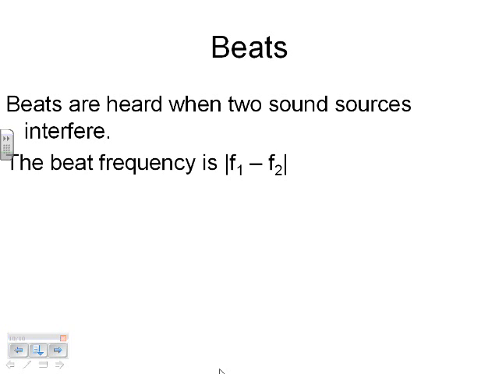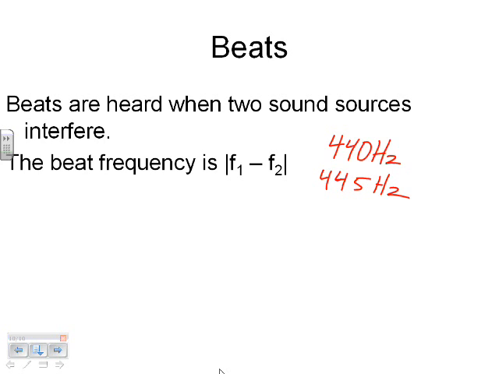So, for example, if we have a tuning fork at 440 hertz and another tuning fork at 445 hertz, if we play those at the same time, then we'll get a beat frequency. And that beat frequency will be, in this case, 5 hertz, since that's the absolute value of the difference between them.